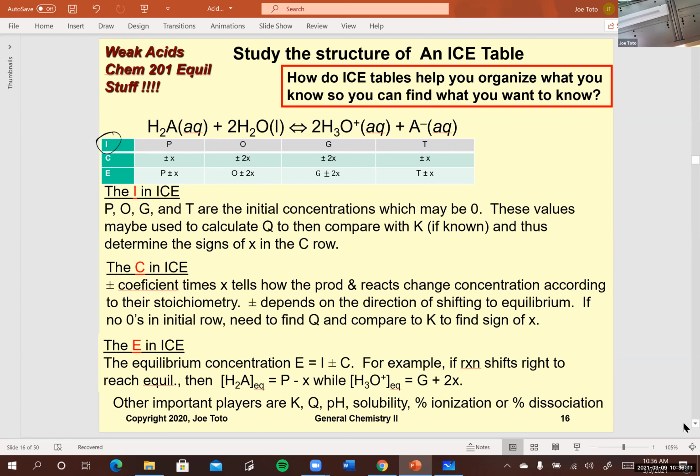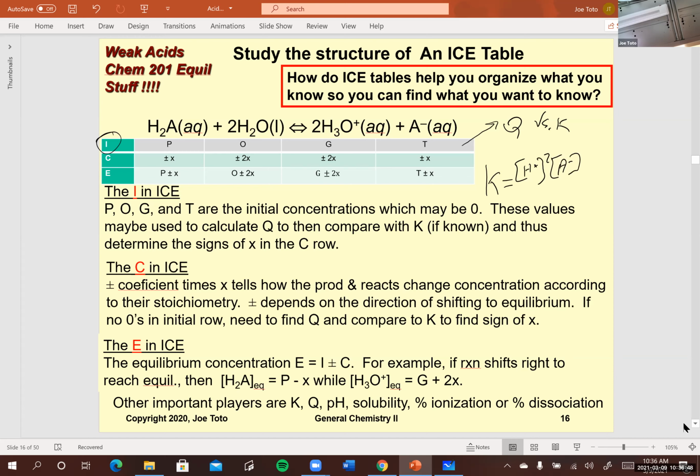So if you have all the starting amounts, then you can form a Q, the reaction quotient, and compare that Q to K to see where the negatives go, whether they go underneath the reactants or underneath the products. And then you add them up, you have the equilibrium concentrations, and it's the equilibrium concentrations that you can relate to K and the law of mass action that tells you how to form those equilibrium constants.